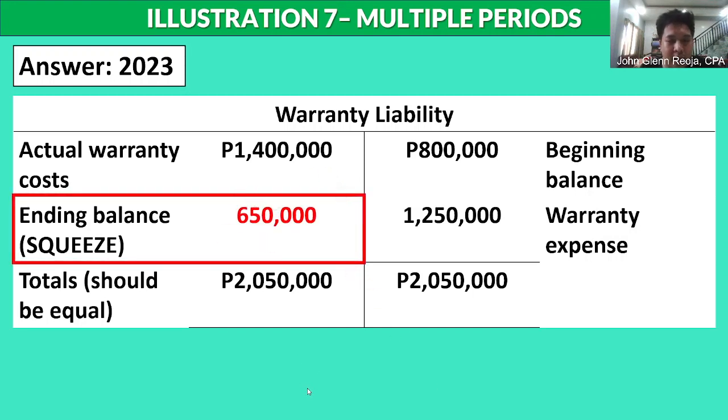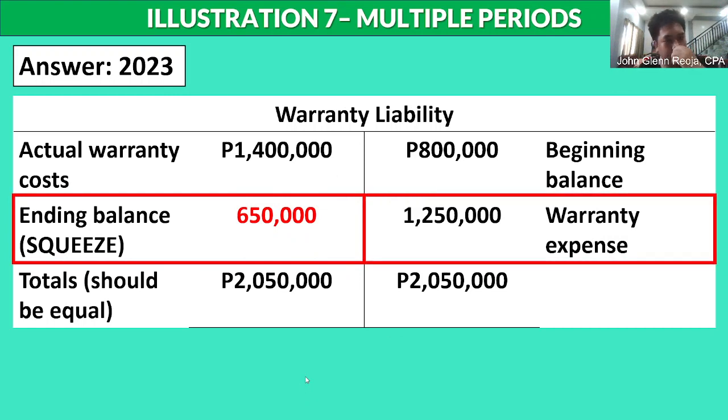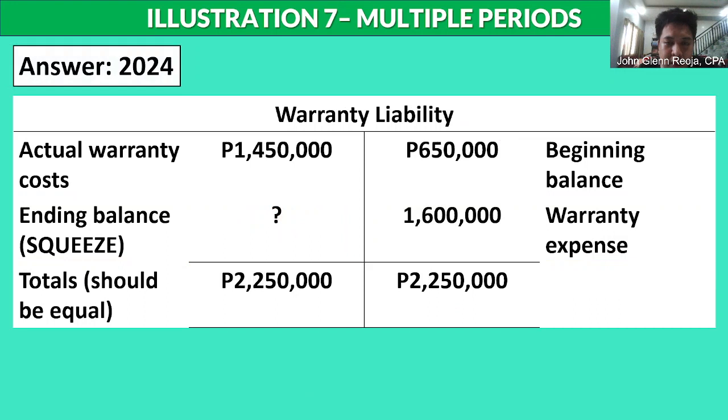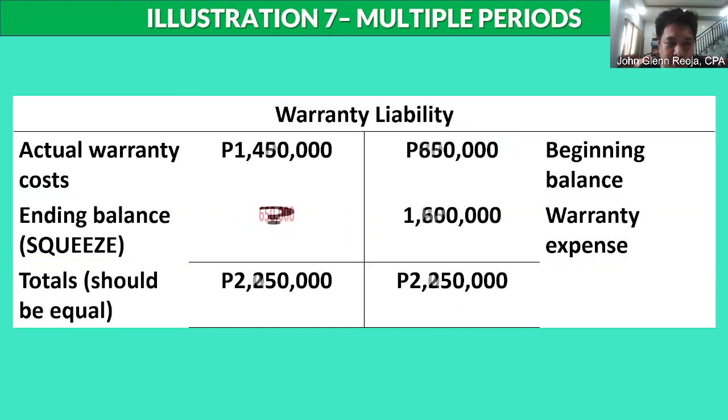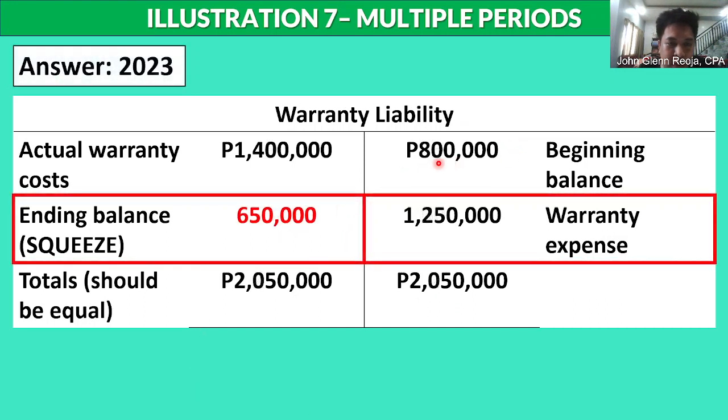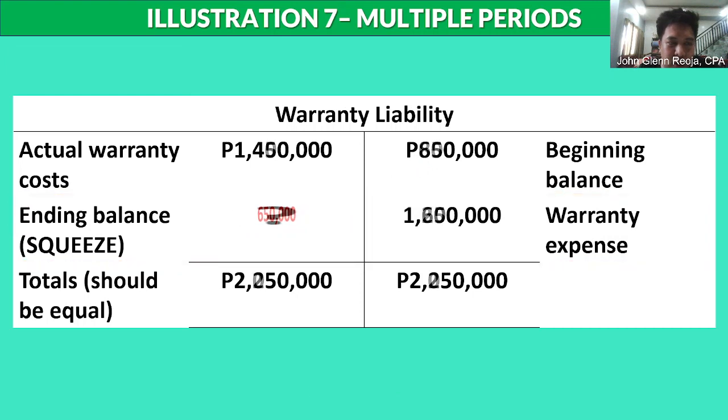And warranty expense of 1,250,000 as of December 31, 2023. Please observe that this ending balance of our warranty liability would be our beginning balance on January 1, 2024. So 650,000 becomes the beginning balance during 2024.